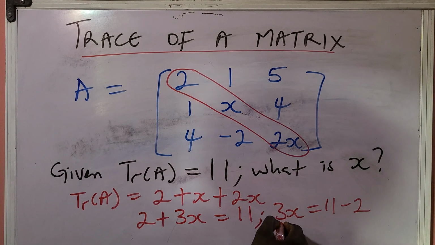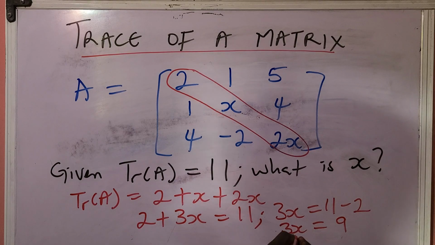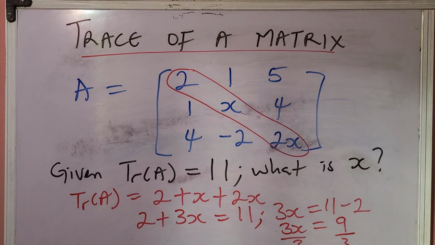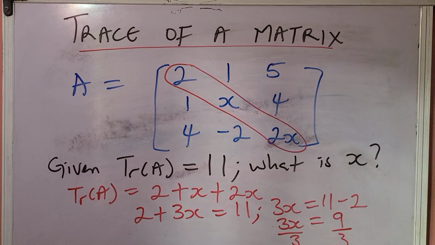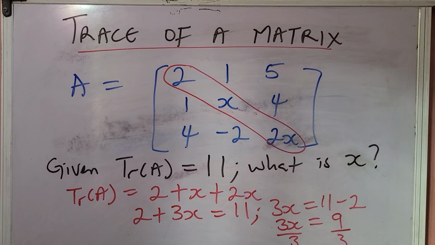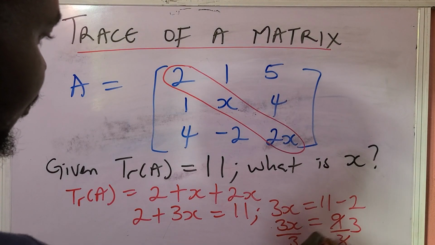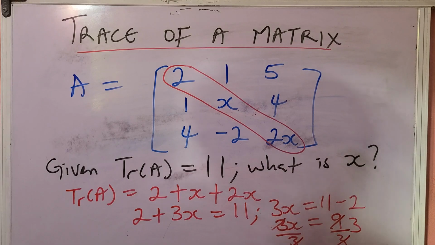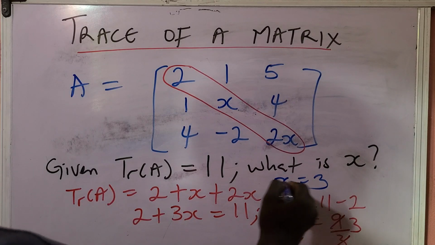Then 3X will be equal to 9. Dividing both sides by 3, we would get X to be what? 3. So we can go on to identify our value for X as 3.